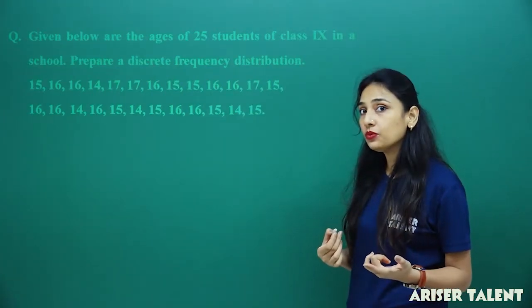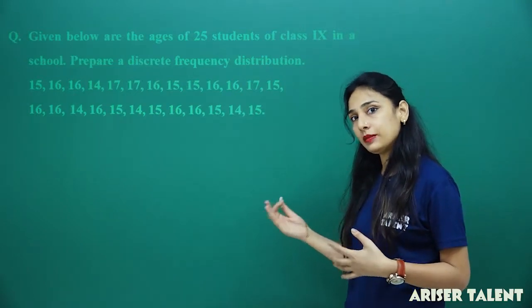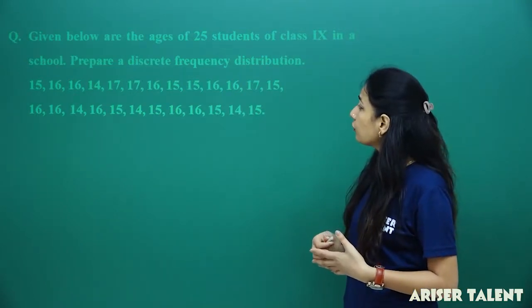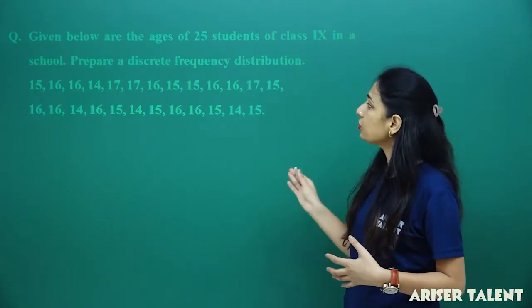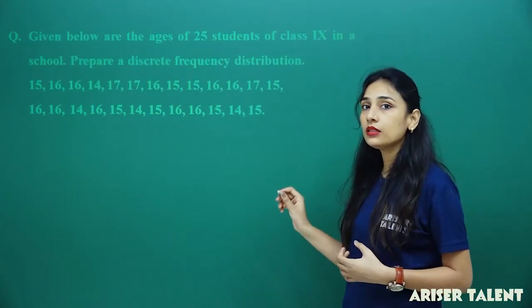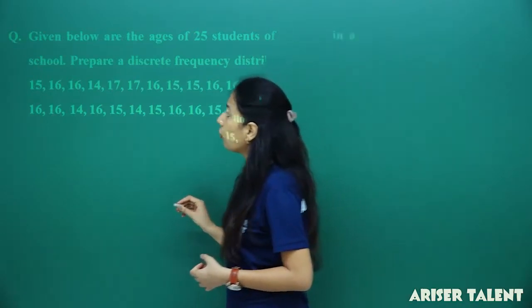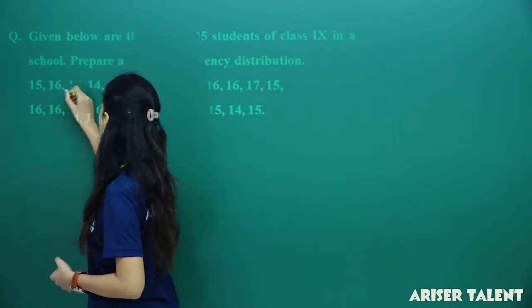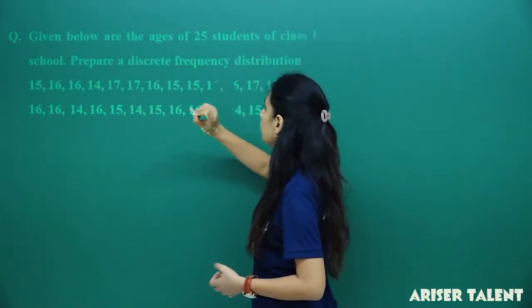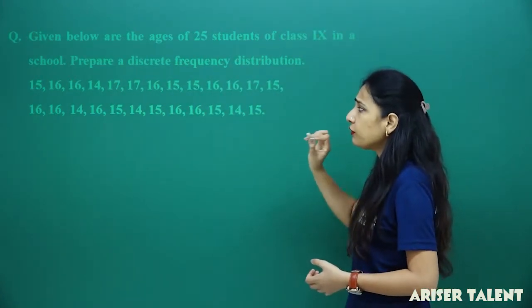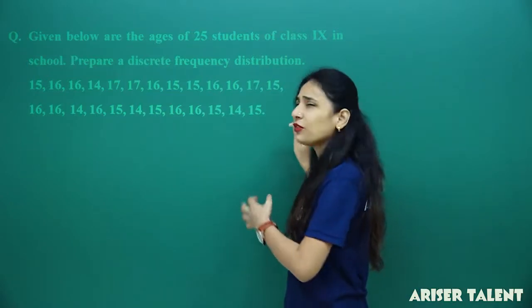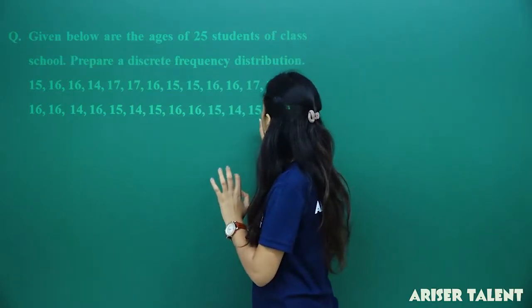What we have to do is make a table of these 25 students, and the ages of these 25 students are given. What are the ages? 15, 16, 16, 14, 17, 17, 16, 15, 15, 16, 16, 17, 15, 16, 16, 15, 14, 16, 14, and so on.